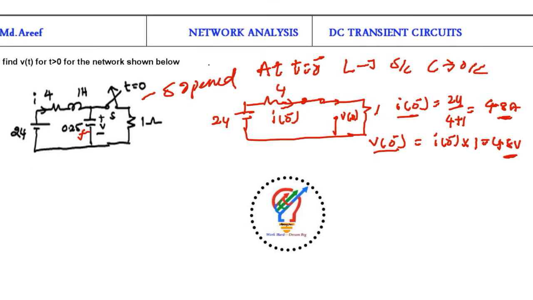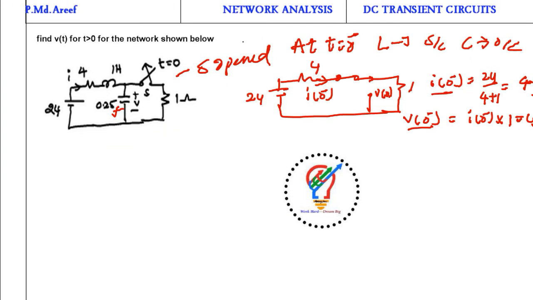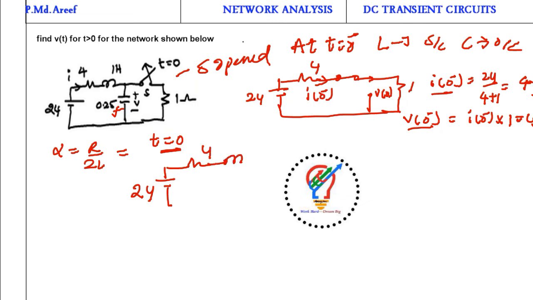Now we will check the conditions to see which case it is: underdamped, critically damped, or overdamped. Alpha is equal to R by 2L. We consider the circuit at t equal to 0 after operating the switch: 24 volts, resistor 4, inductor 1 Henry, capacitor 0.25, and the switch open, with the 1 ohm resistor.